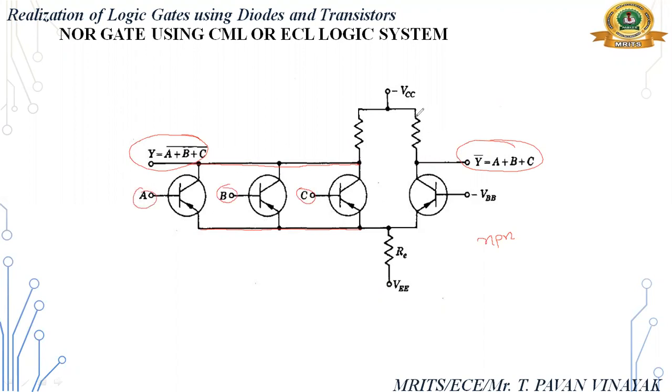This part is the inverter part. For the inverter part, we give negative voltage VB, because we are using NPN transistors here. So this acts as a NOR gate, and this acts as an inverter, so we get the complemented output here.